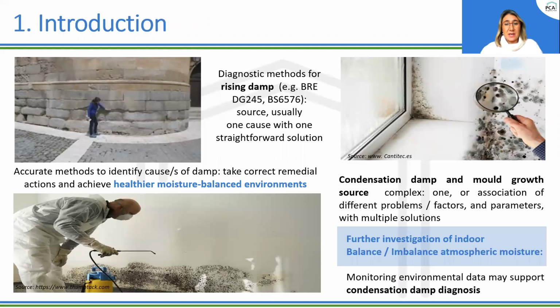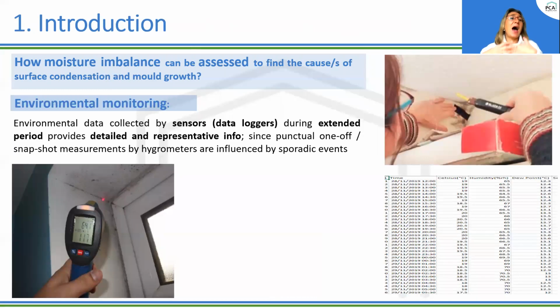So further investigation is necessary to perform the assessment of indoor atmospheric moisture and the assessment of balance-imbalance environment. Monitoring the environmental parameters may support the condensation damp diagnosis. But how can moisture imbalance be assessed in order to find the cause of condensation and mold?